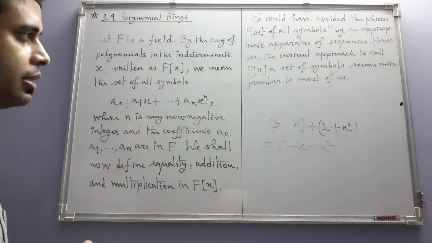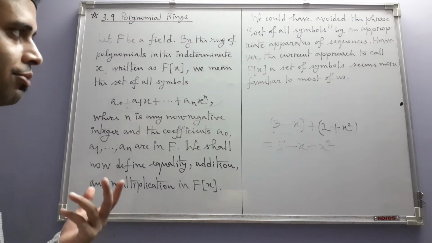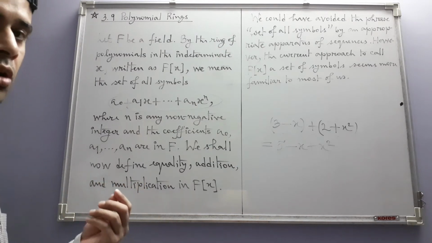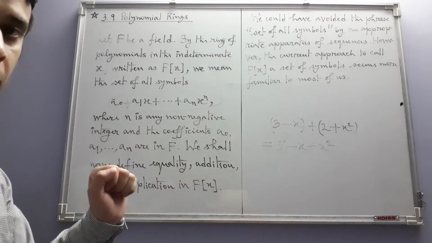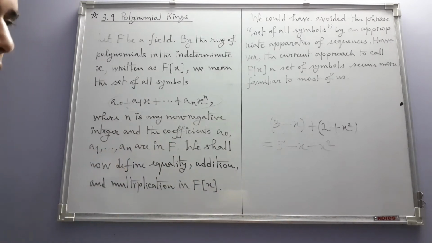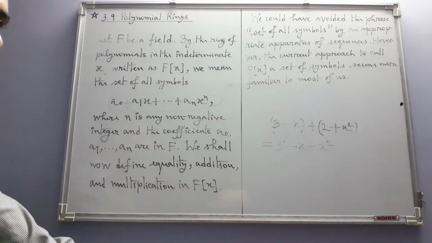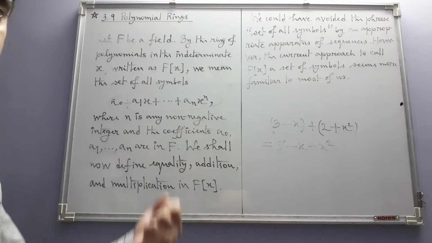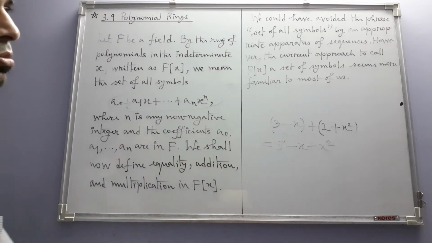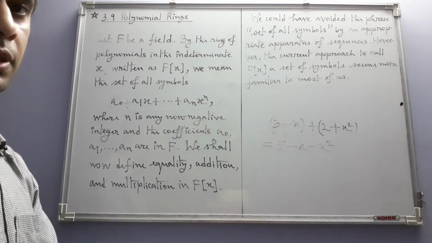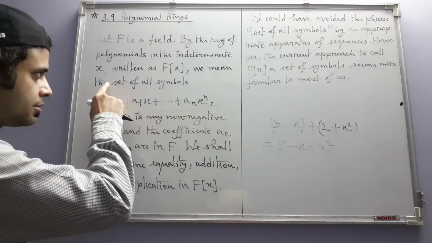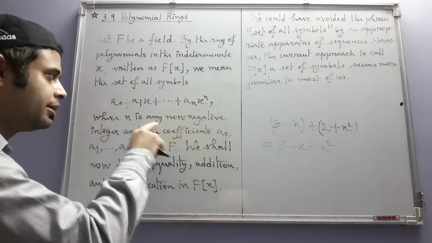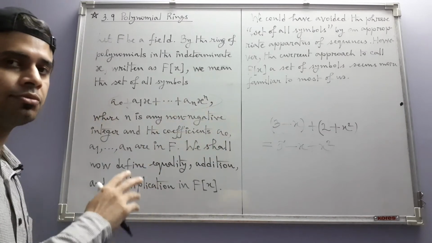Now mathematicians always want to define things based on what we already know or what we already have. It's like you have some things and using those things only you are creating new things. You don't want to bring some unfamiliar new thing from outside. But this set of symbols is bringing an unfamiliar new thing from outside.